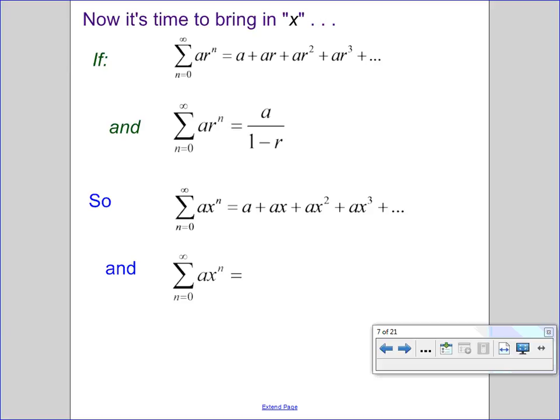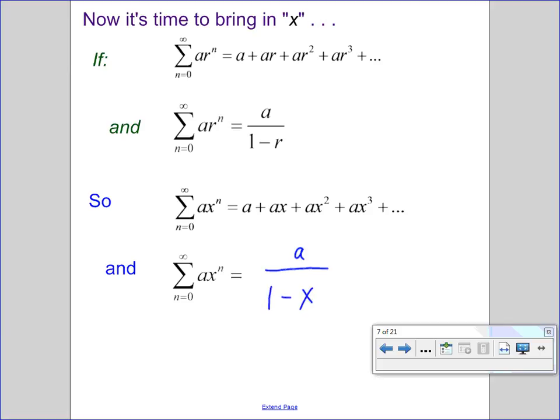A over 1 minus x. Yeah, a over 1 minus x. In fact, that's going to be the function f of x that represents our parent power series. Here a is just a constant. It could be 1, it could be 3.